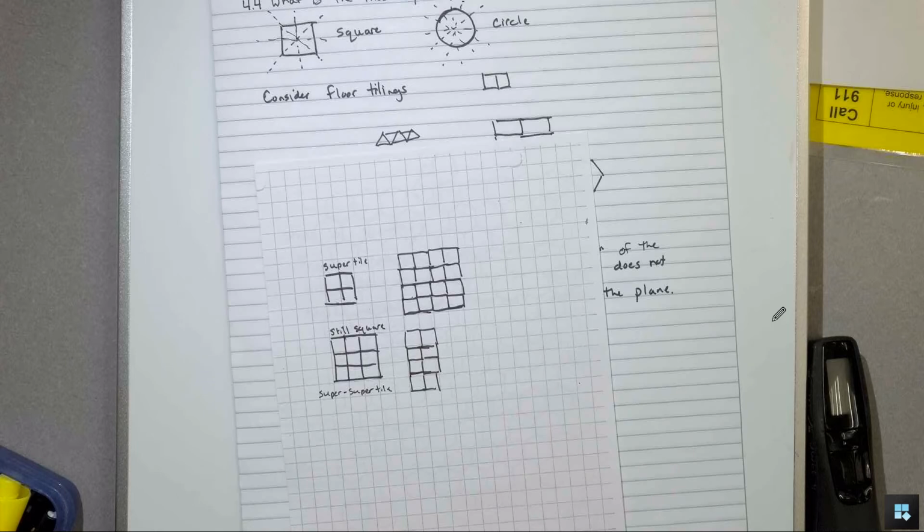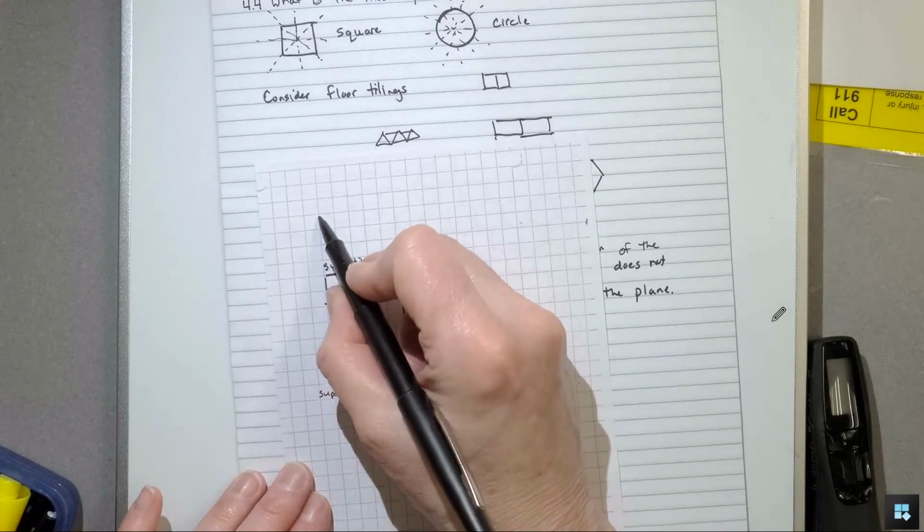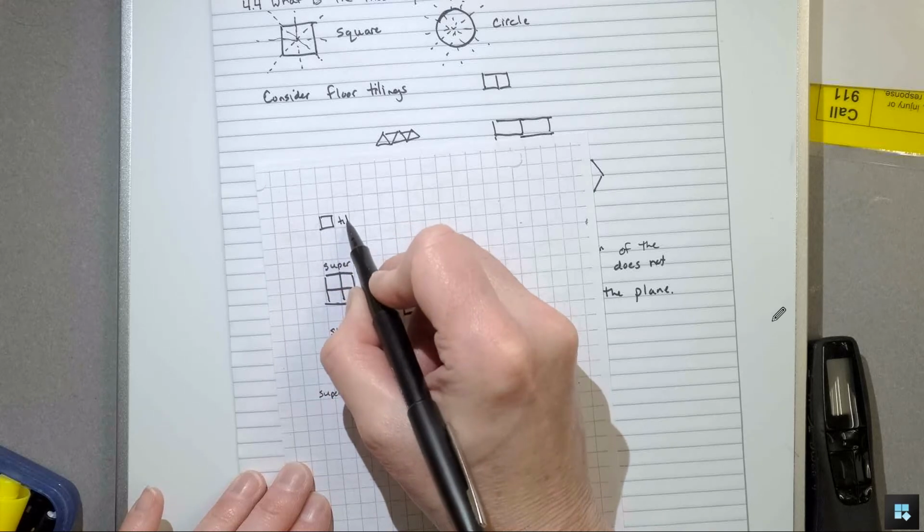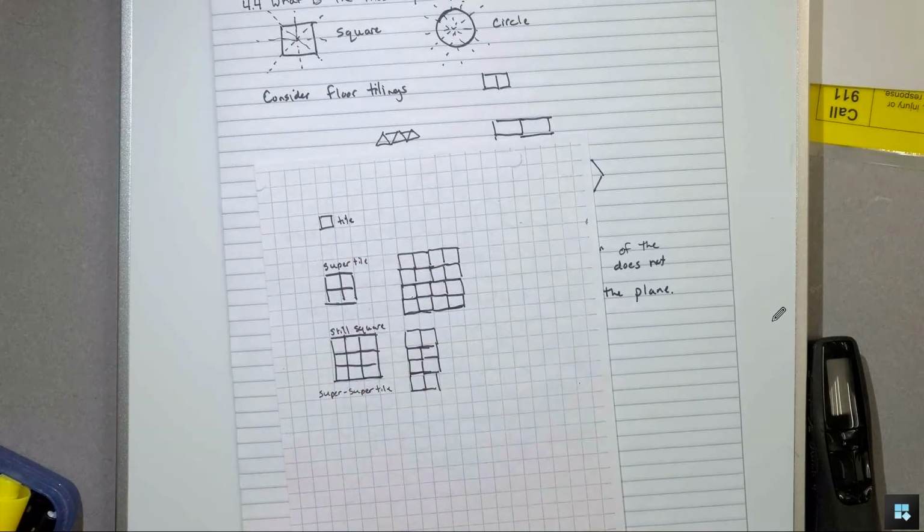So this is symmetry of scale, because we're working with scales. We're looking at a small square, a medium square, a big square, and all of these, the small square, the medium super tile, and the larger super tile can all be put together to tile the plane, and you'll get the exact same figure.